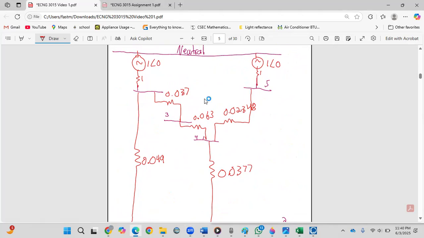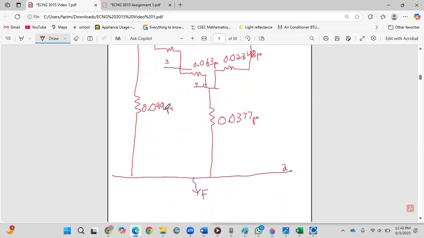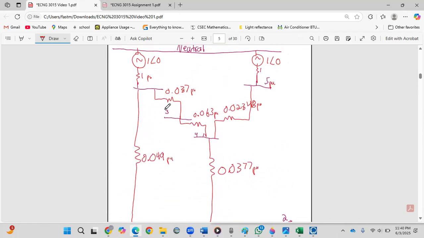All these are represented in per units, so you can write per units next to each of them. They're all represented in terms of G, but the J will come further down when we actually calculate the fault currents. But if you want to, you could put the J, and probably you should, because that's how normally they write it.